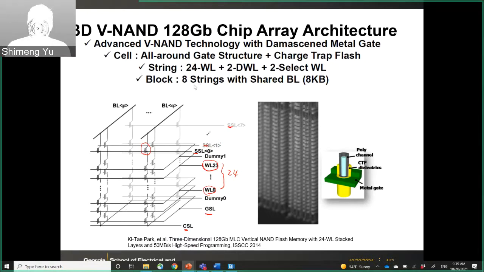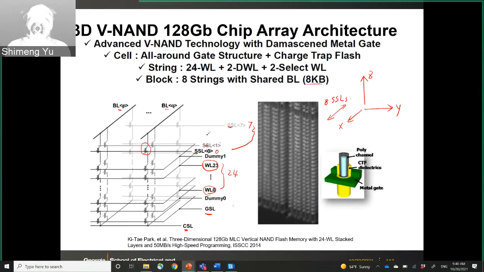So here one block has 8 strings, 8 SSLs, from SSL0 to 7, so this is one block. If you look at the block size, let's say the XYZ for one block, in this particular case, on the x-axis there are 8 SSLs. And on the y direction, how many bit lines?